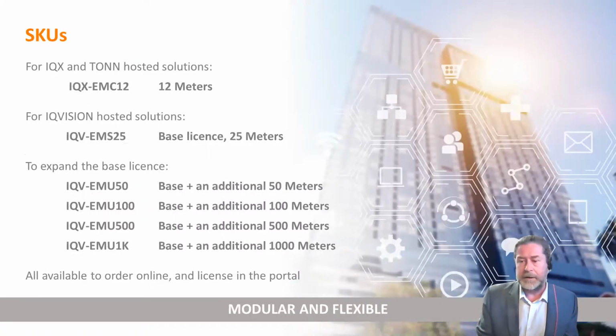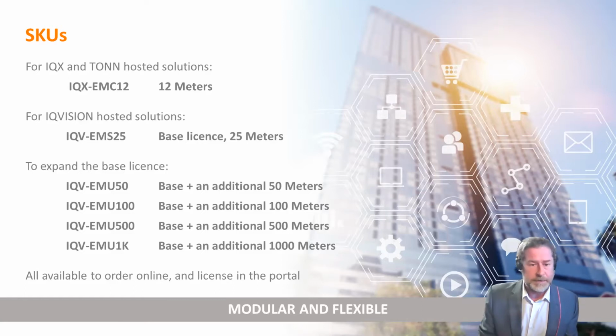And finally, the stock keeping units, or SKUs, or part numbers. We have several here. For IQX and Ton, it's limited to 12 meters, so it's just the one license for those 2 devices. But given the size of those devices, that might actually represent a very, very nice solution for smaller buildings. A little standalone supervisor/energy management package all built into one unit.